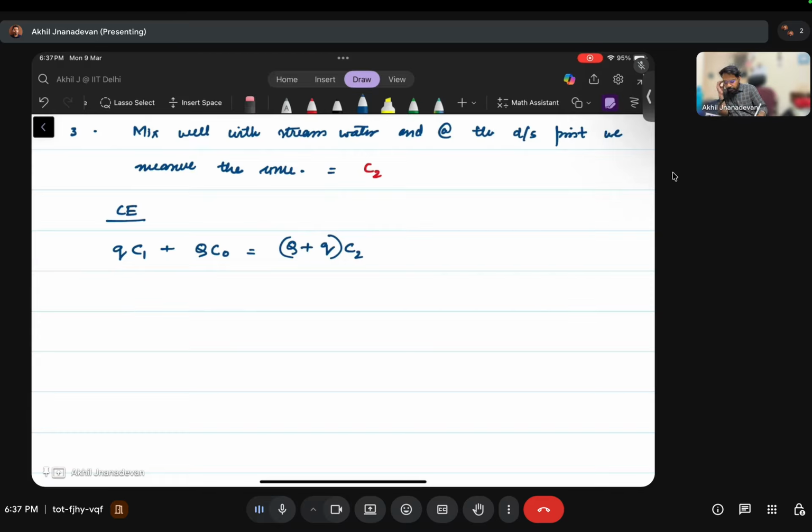So if you simplify this and take capital Q out, we'll get Q equal to small q into C1 minus C2 divided by C2 minus C naught.